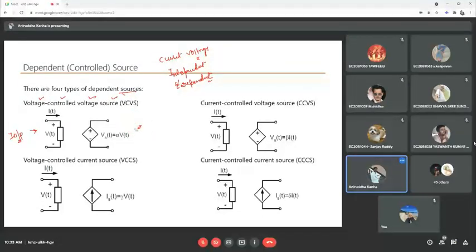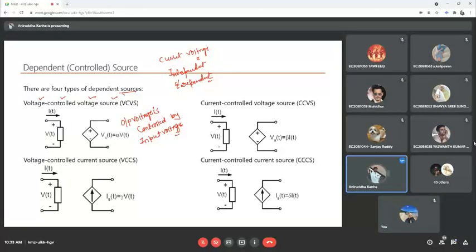Because the output voltage is controlled by the input voltage.